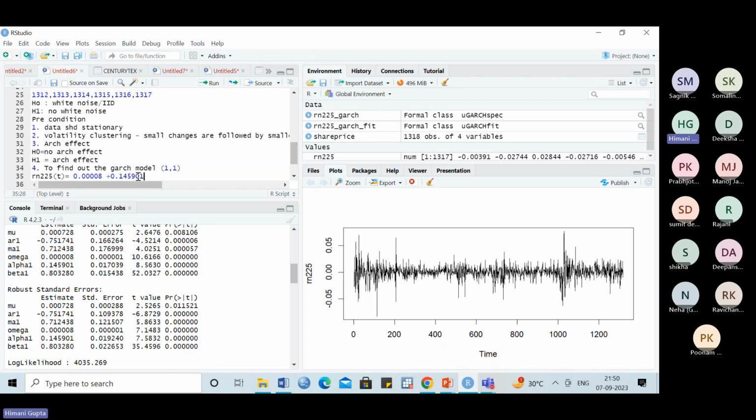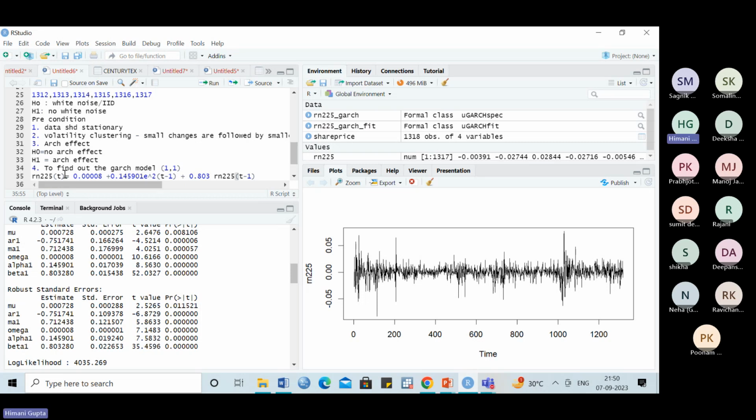This is your error term, e to the power 2, and it will be t minus 1, plus your 0.803, and it will be your Rn2to5 T minus 1. So this will be the equation, that is how you are going to write the equation.